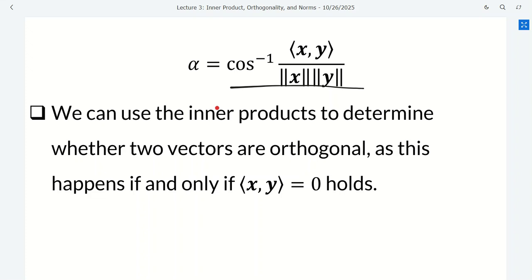This is what they use to build such systems, and we will do that today. We can use the inner product to determine whether two vectors are orthogonal, as this happens if and only if their inner product gives you zero.